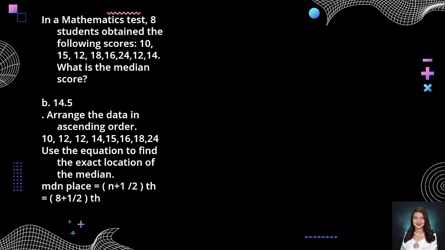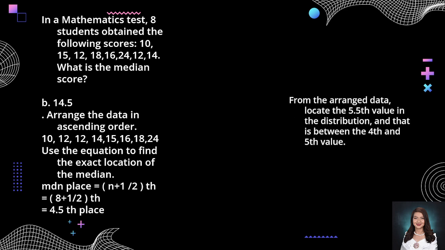We substitute 8 for n, so 8 plus 1 all over 2 is equal to the 4.5 place. From the arranged data, locate the 4.5 value in the distribution, and that is between the 4th and 5th value. So we add 14 plus 15 divided by 2, and now we get 14.5.